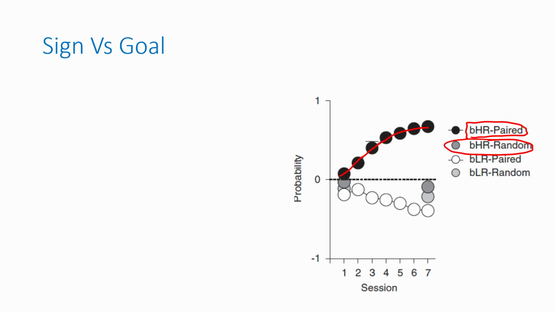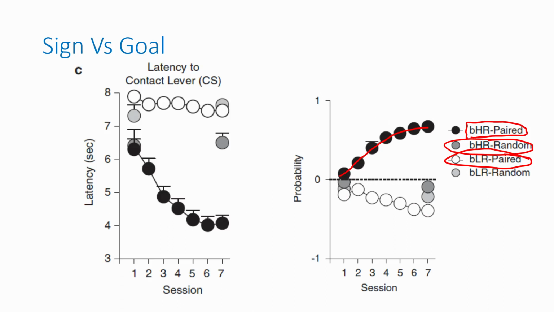On the other hand, this does not have any effect on the low response guys; they are constantly somewhere else, they do not go to the lever at all. And it is not just whether they go to the lever, but also how fast they go to the lever.